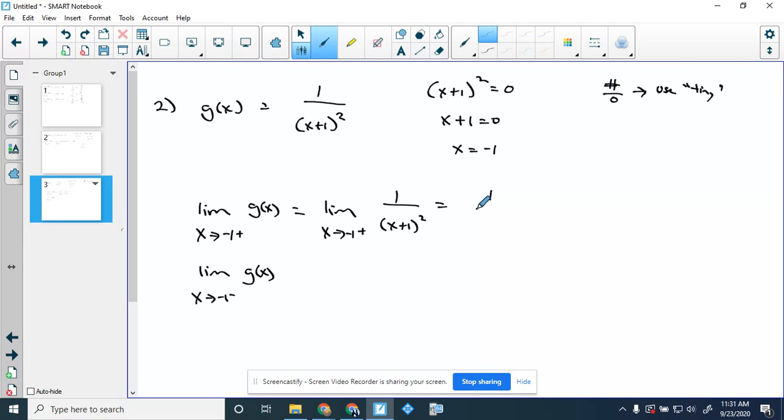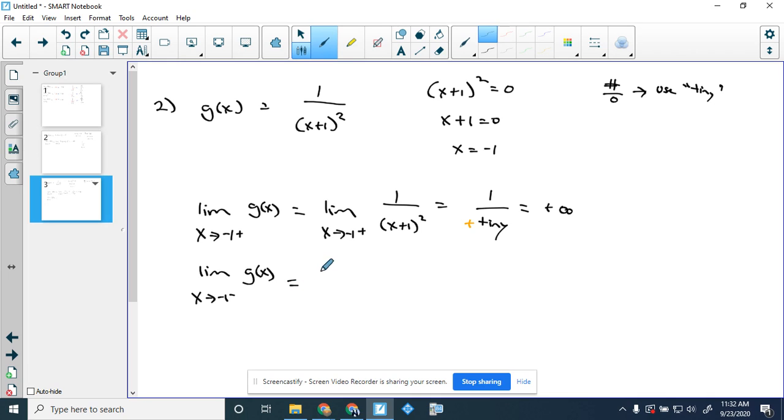So instead of writing 1 over 0, I'm going to write 1 over tiny, and the question is, is it positive or negative tiny? Well, if I'm going to -1 from the right, pick a number to the right of -1, say 0, 0 plus 1 is positive. Oh, by the way, I'm squaring it, so really that's not even going to matter. So this bottom's always going to be positive. So 1 over positive tiny is going to be positive infinity. At least that's how we interpret it.